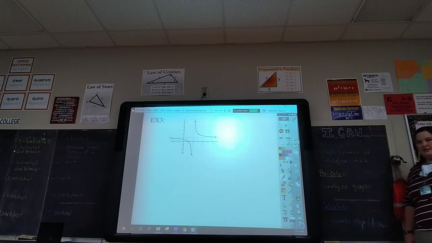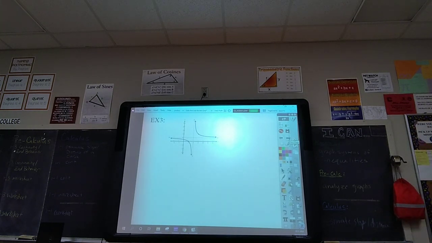Or we might have graphs like this. Now that we know a little bit more about discontinuity, we can have graphs that have different pieces. But we can also do end behavior.